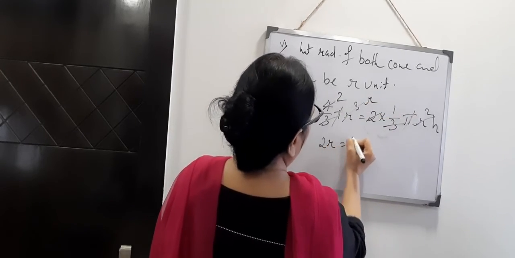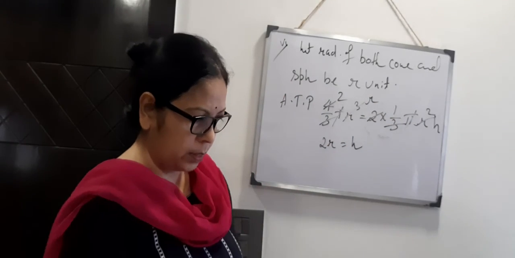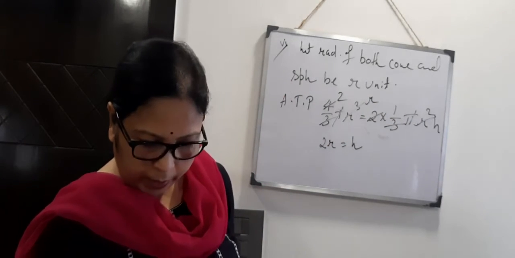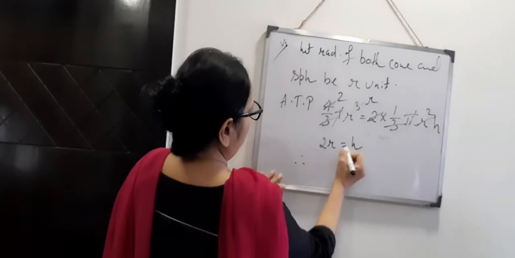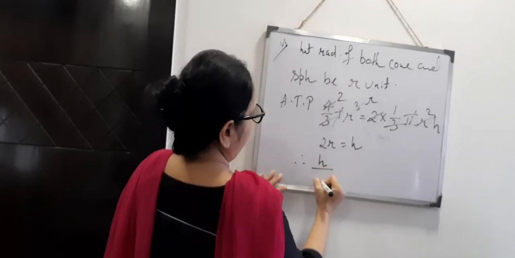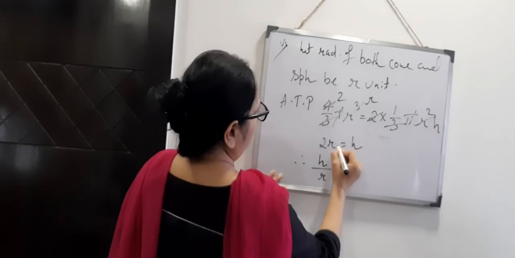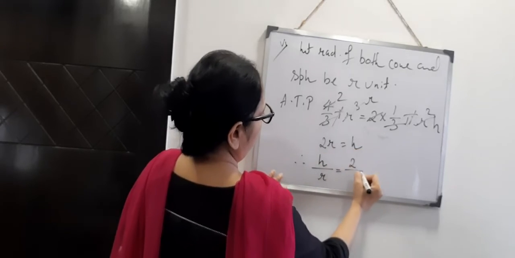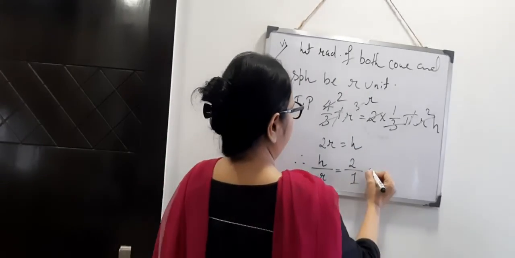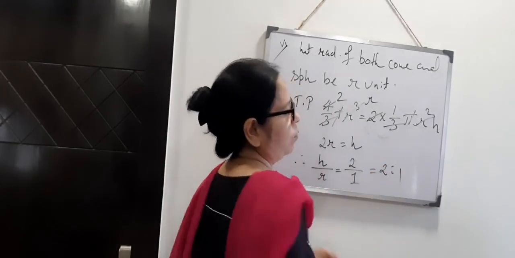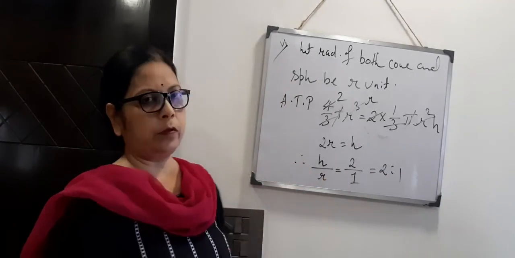That means we are getting 4r equals 2h. Now what to calculate? Ratio of height and base radius of the cone. Ratio of height and base radius is 2 by 1, that means 2 is to 1.